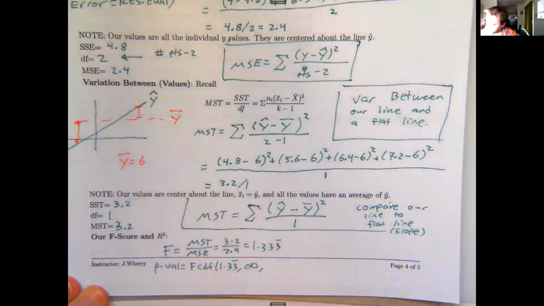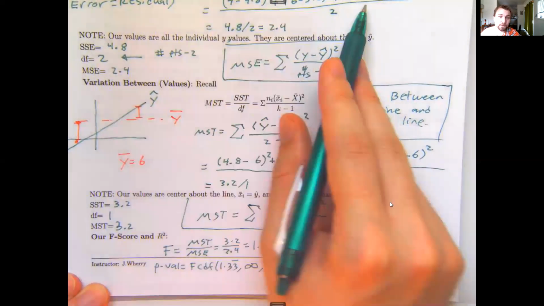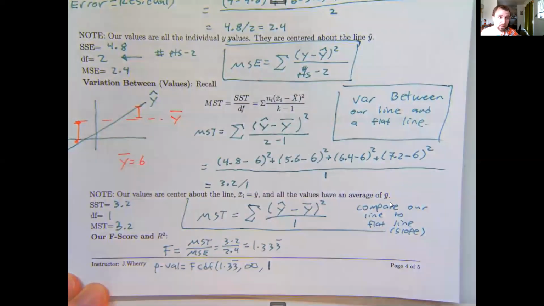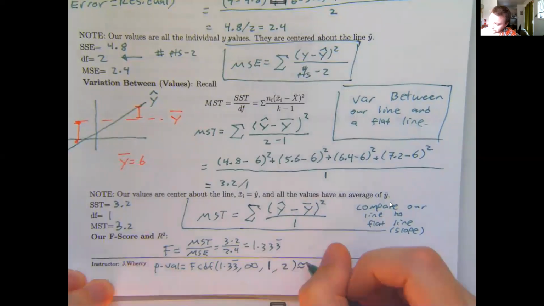For my degrees of freedom, I'm checking to see if there is some sort of slope, and I'm checking to see if there is minimal error. So I'm really doing 2 things at once here. In this case, I had 1 and 2. Let's see what this gives me.